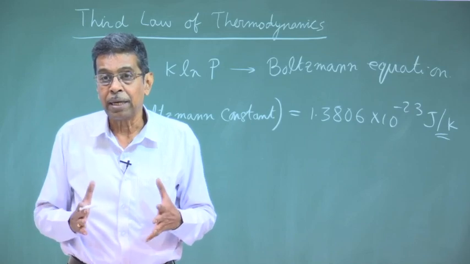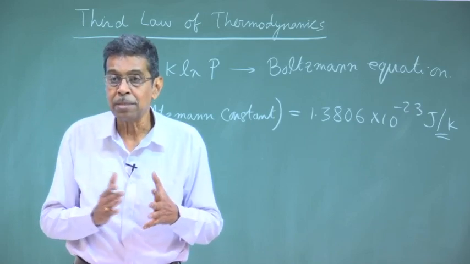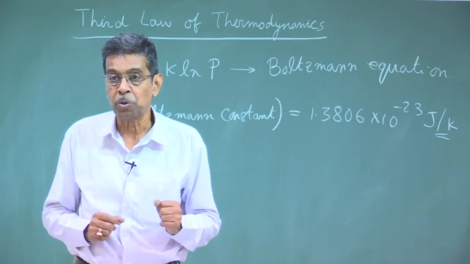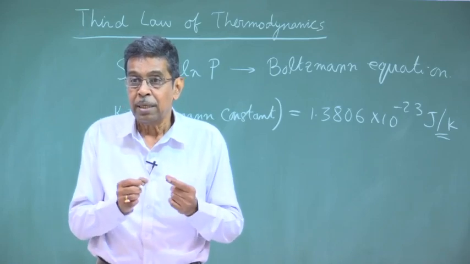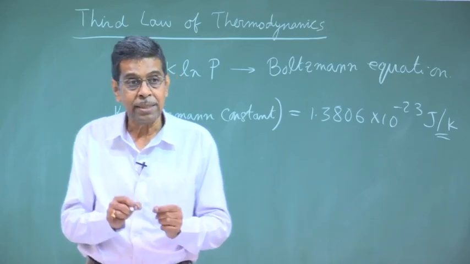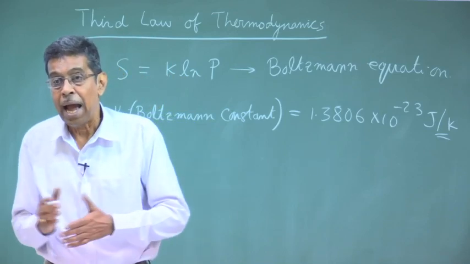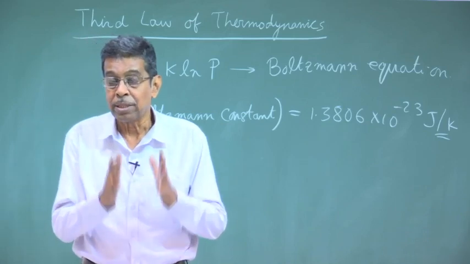Now, consider a solid where the randomness is much less, because the molecules continuously oscillate about an equilibrium position, and this randomness, that means uncertainty, also decreases or fades out as the temperature decreases.